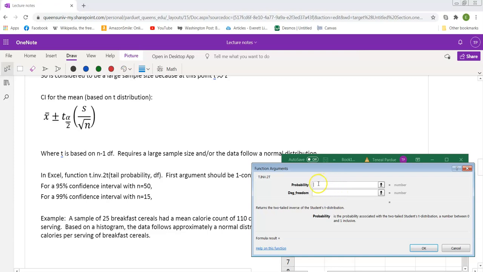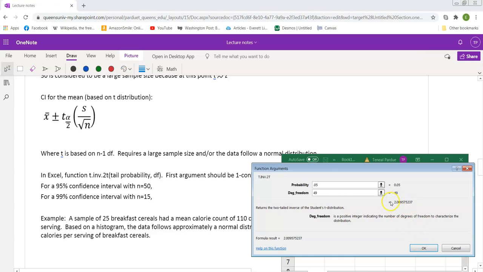So you need to put in two values here, the probability and the degrees of freedom. The probability is going to be 1 minus your confidence level. So for this first one here, for a 95% confidence interval with n equals 50, our probability is going to be 0.05, and our degrees of freedom are going to be 49.